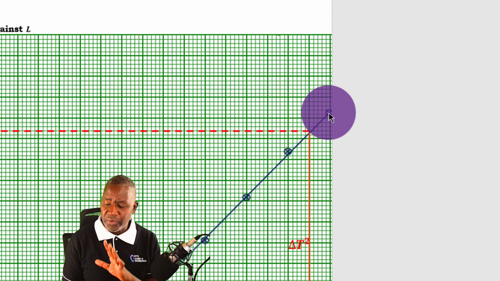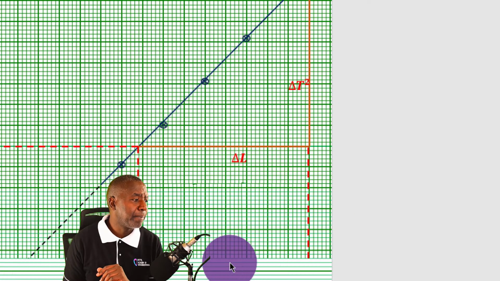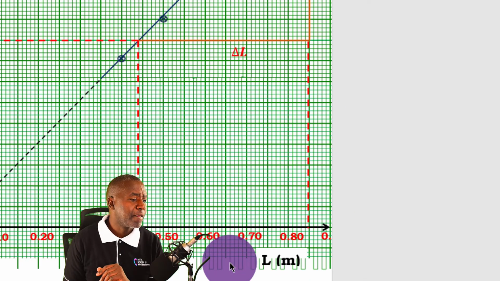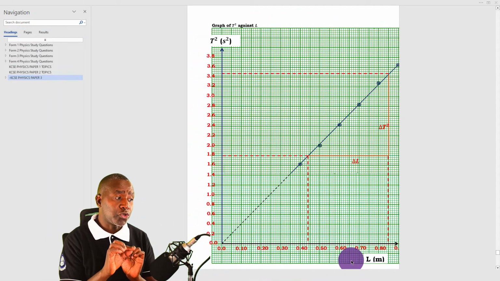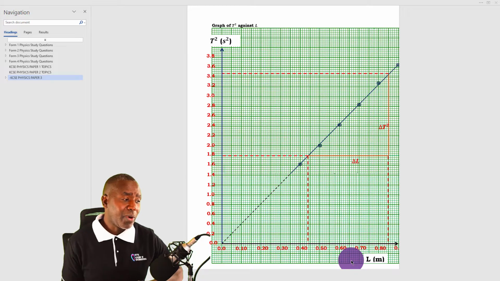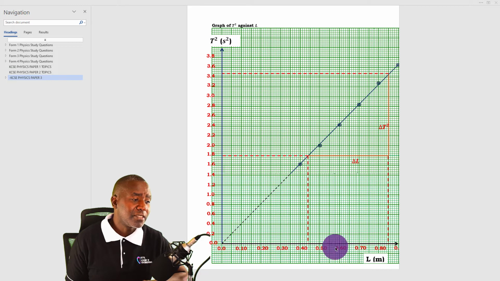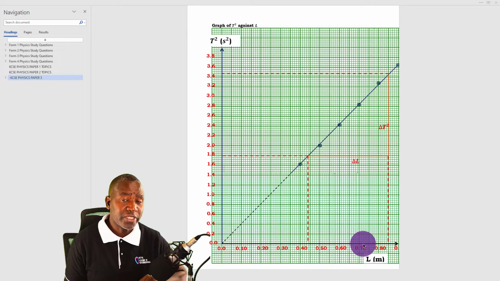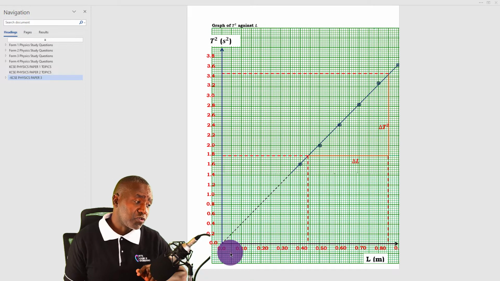The first point which you need to take care of when you're plotting the graph is to, first of all, draw the y-axis. This is the y-axis, and this is the x-axis. You draw those lines. And remember, for you to be able to identify where you draw them, you've got to first of all determine the scale. You don't need to write the scale down.